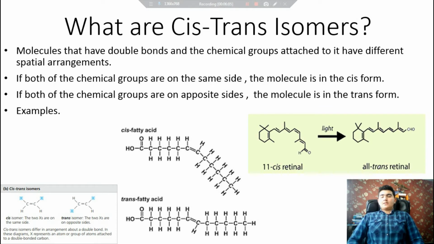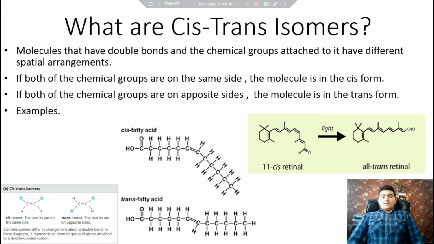So you are all now wondering which one of these two is the trans or cis isomer. I know the picture has given the answer, but let me tell you how. Okay, so consider this simple molecule, which has the hydrogen attached to one side and the X attached to the other.